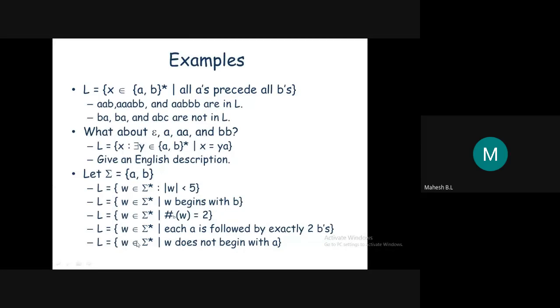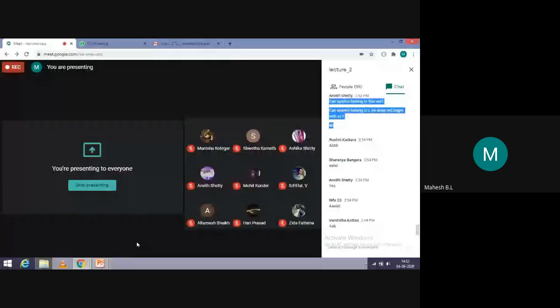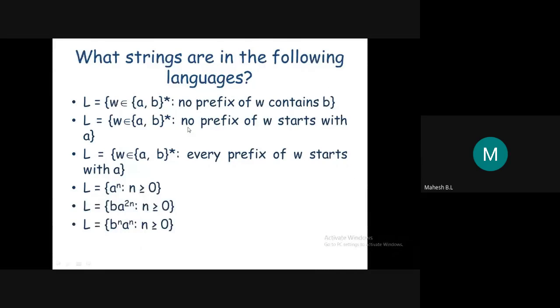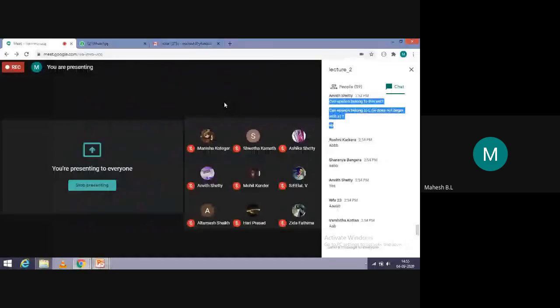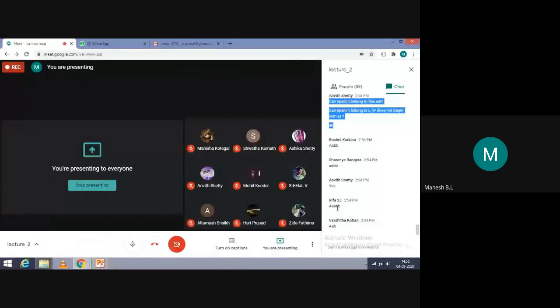Now we are in the first one. No prefix of W contains B. For this, in the previous class, we discussed the prefix relation. That must be clear to you, then only you can answer this question. Roshni is saying no prefix of W contains B. This is a wrong answer, this is also wrong, this is also wrong.